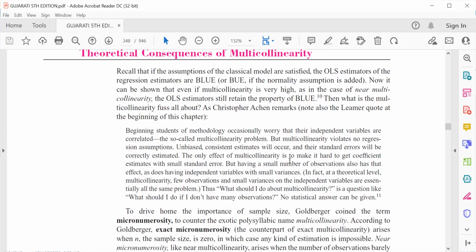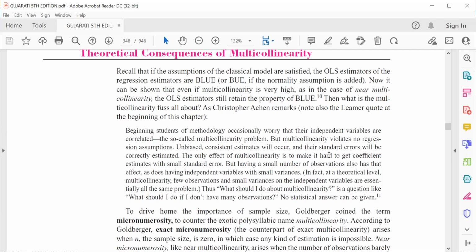But the estimator will have a high standard error. If the standard error is higher, that means we have a small t ratio. If we have a small t ratio, the variable becomes not statistically significantly different from 0.